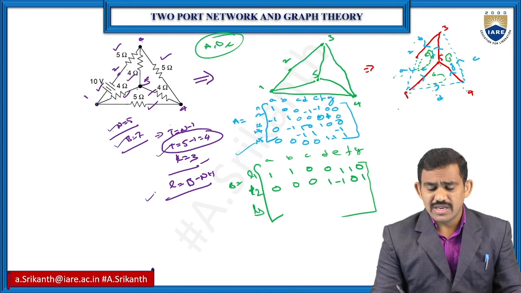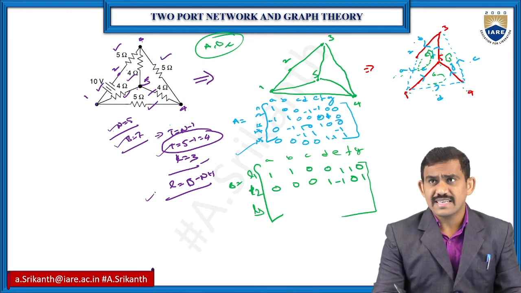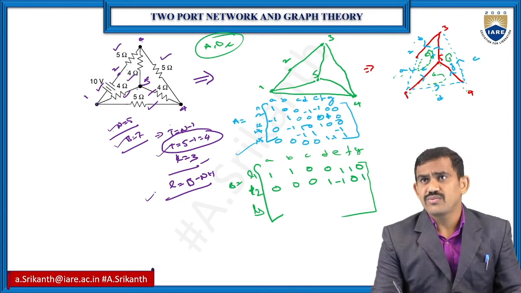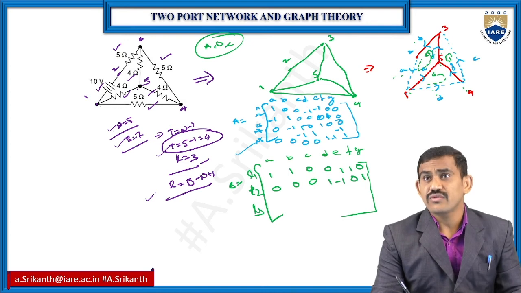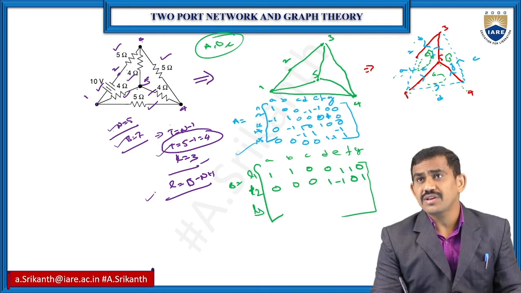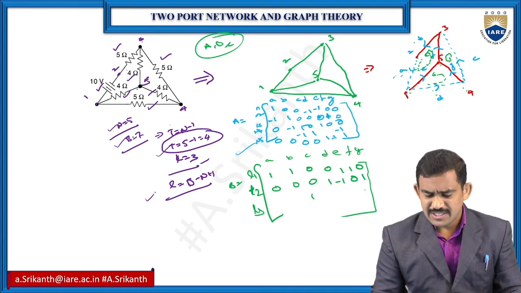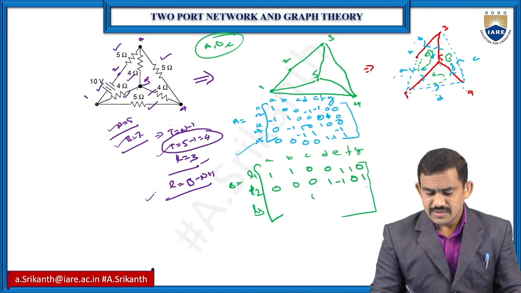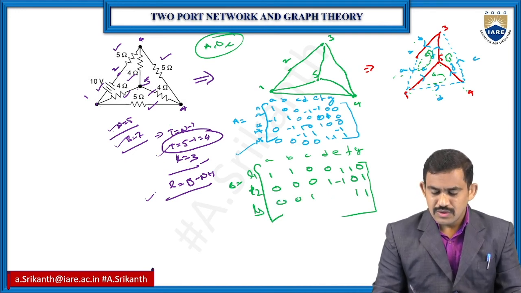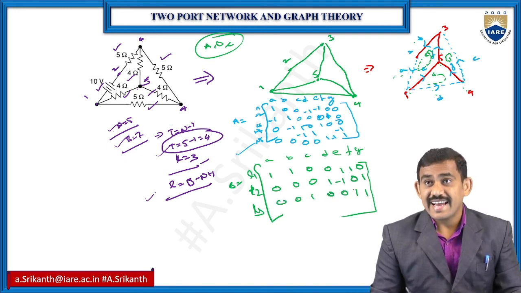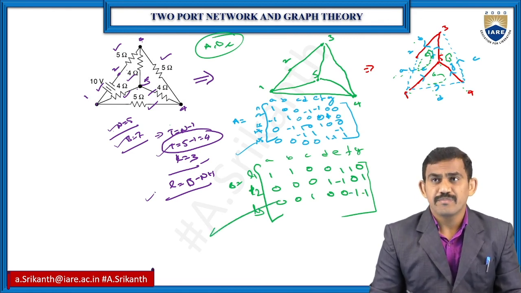Coming to loop 3, follow C direction: 4 to 3 and 3 to 5 it's reverse, again 5 to 4 it's reverse. So we have C branch, F branch as well as G branch. C is positive, remaining are 0, and G and F both are reverse, so reverse means we have the minus value. So this is your B matrix.